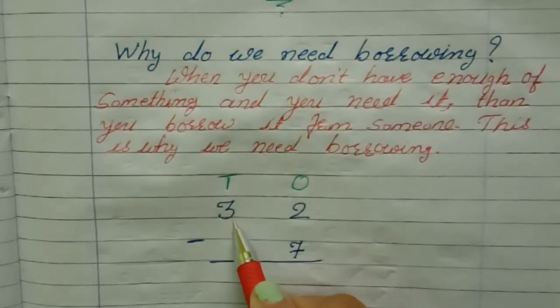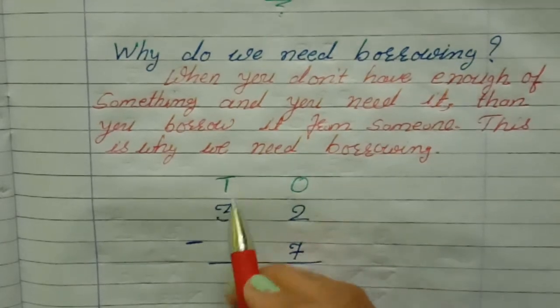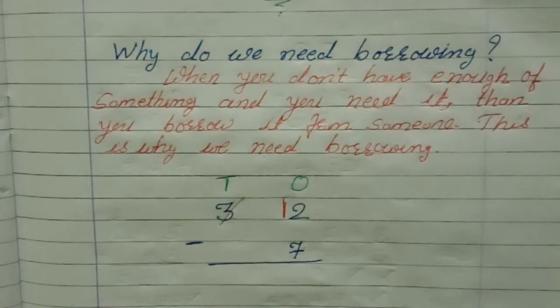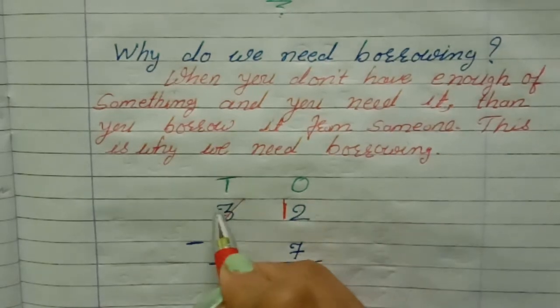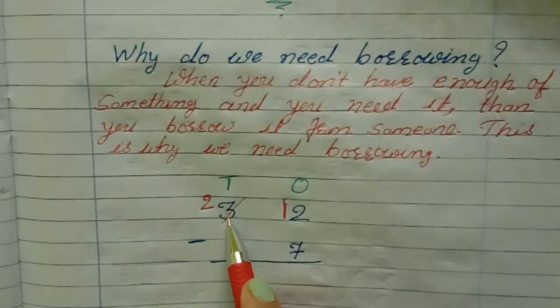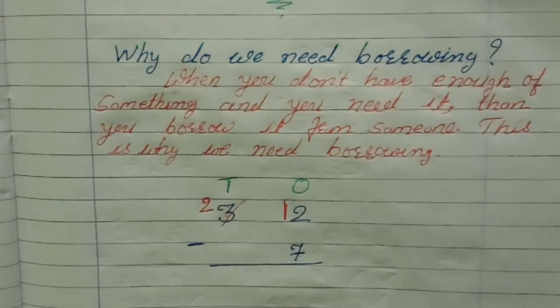2 will borrow 1 ten from 3. So 3 will give 1 ten to 2. 3 has remained 2 tens, and it gave 1 ten to 2.